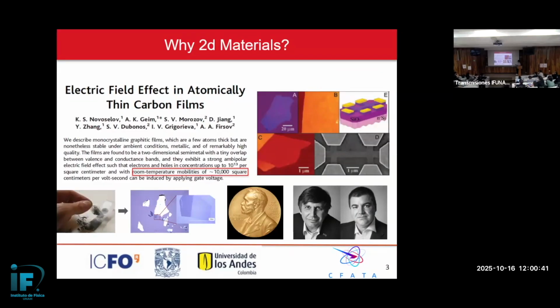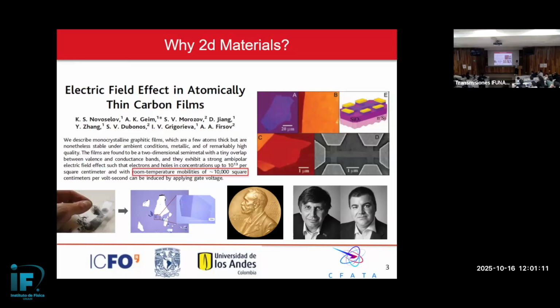Okay, so since we are talking about 2D materials, I guess that the most famous, the flagship of these 2D materials is graphene, right? So back in 2004, Novoselov found a way to thin down a single layer of carbon atoms. He did it by mechanical exfoliation using Scotch tape.